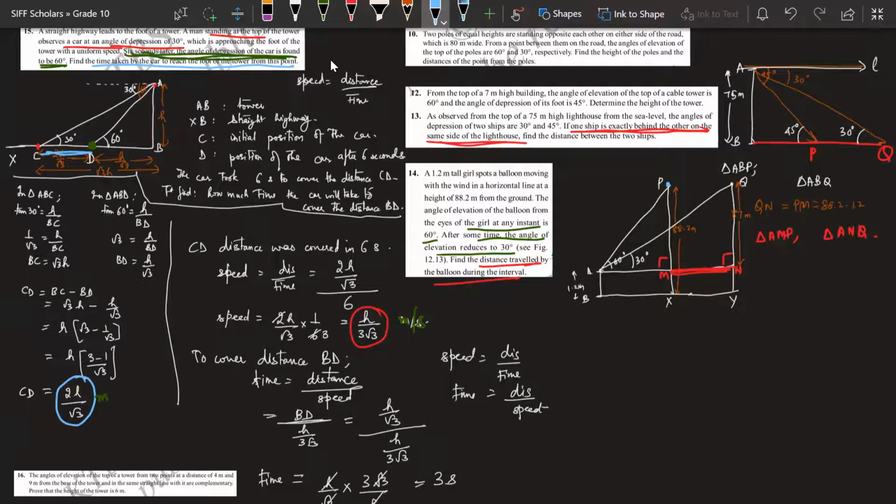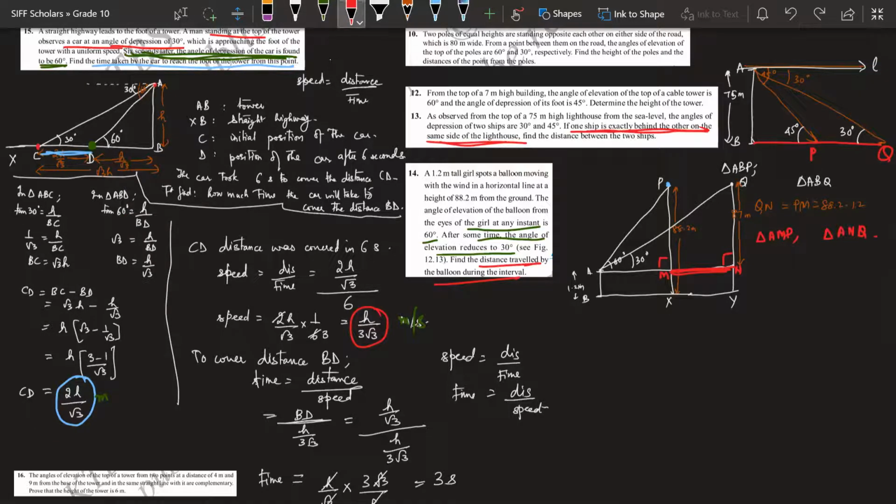If CD was given in terms of distance, what would we have done? We would have taken this big triangle and this small triangle, and made sure that we take the common side in both the ratios. In both different triangles, we take two different ratios. We'll make sure that we take the common side there, so that we are able to do something in relation with both of them. From one we will find, put it in the other, and so on.